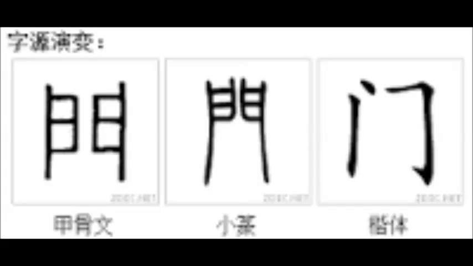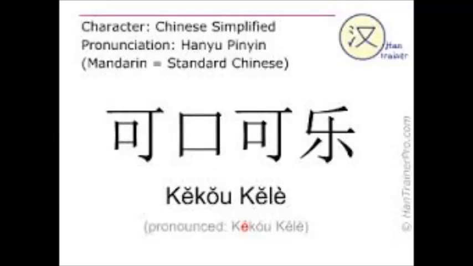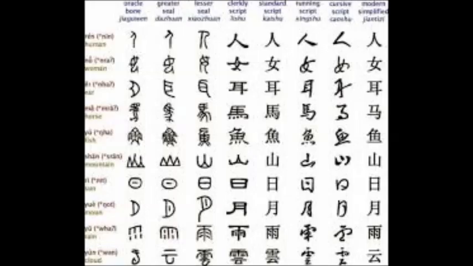Now, when I say men, you think of the house. You enter the house, you open the door. Now, there's another door in our body, which is not the mouth. The door is in the buttocks.